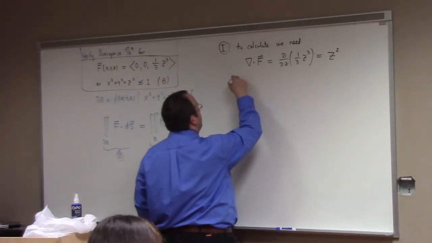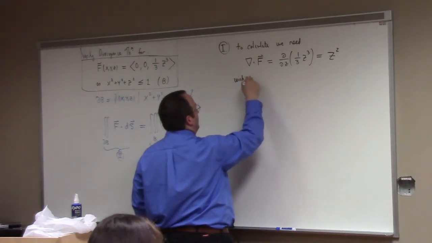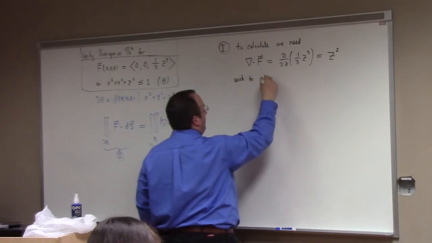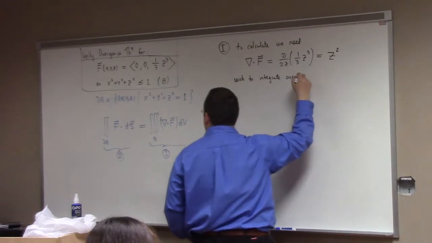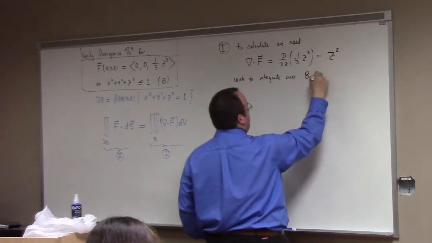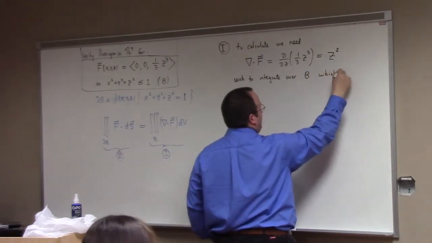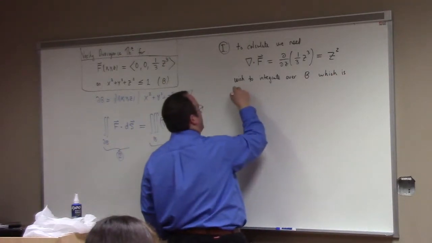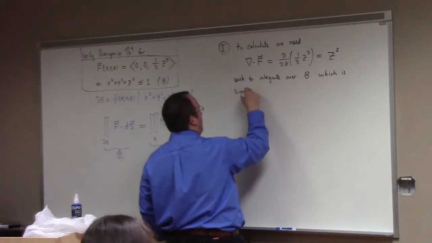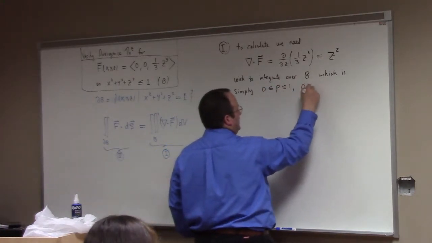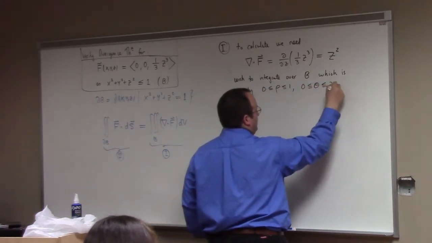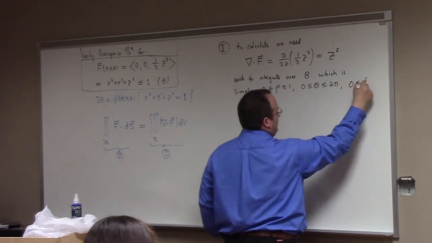And we wish to integrate over, well, if you look at what it is, over B, which is simply 0 less than or equal to rho less than or equal to 1, 0 less than or equal to theta less than or equal to 2 pi, 0 less than or equal to phi less than or equal to pi.